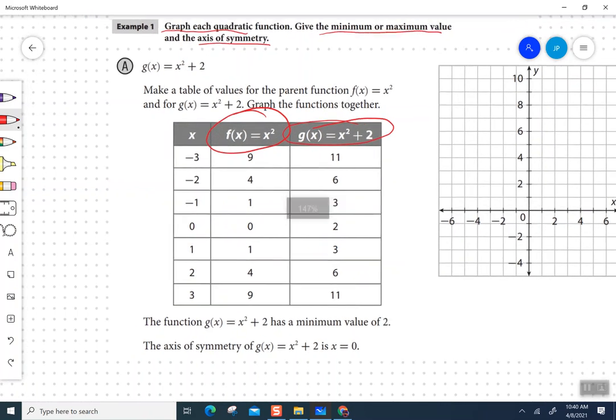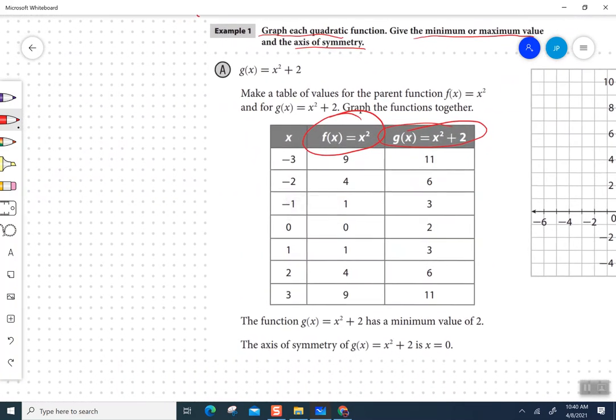Now, just as a quick reminder, how do you do the algebra on g of x? Well, if it's g of x equals something being squared plus 2, then anywhere I see an x, the first number you notice they plugged in was negative 3. That means I come over here and do negative 3, negative 3.